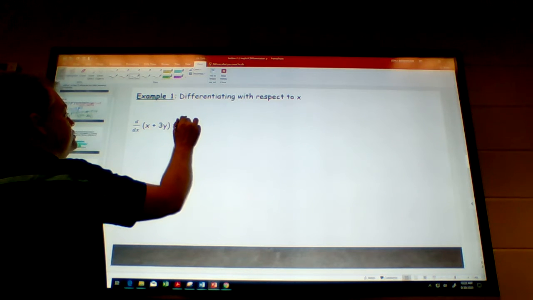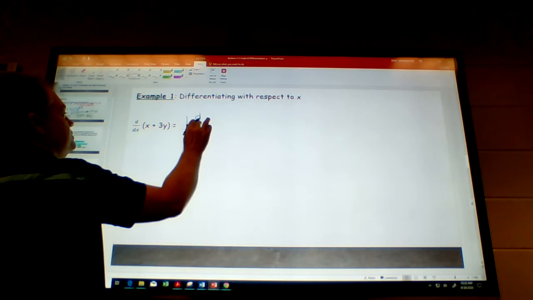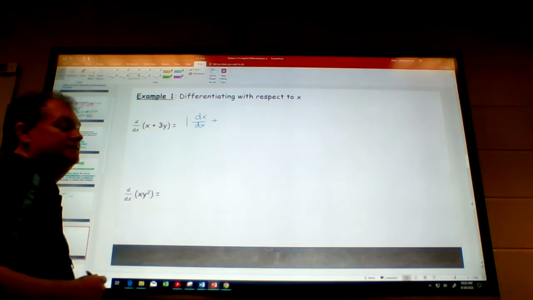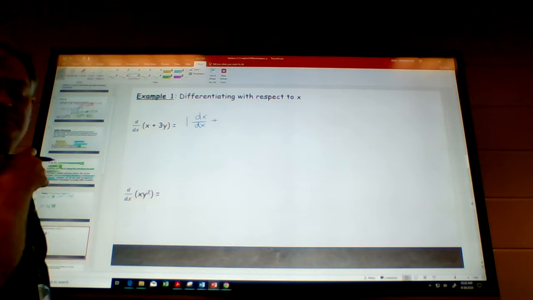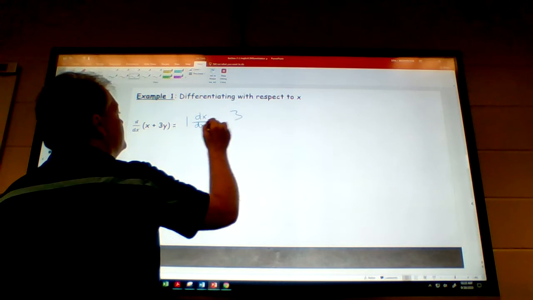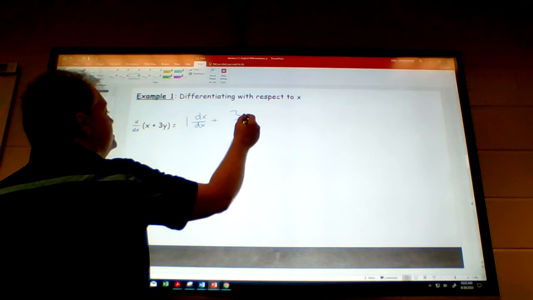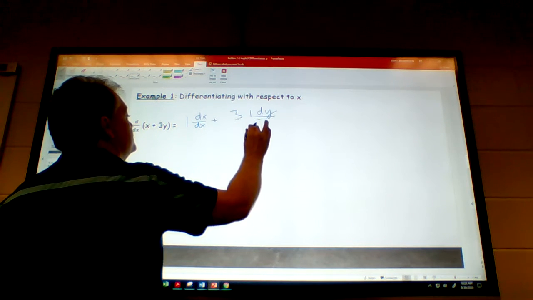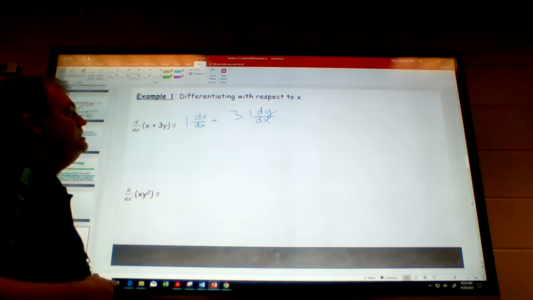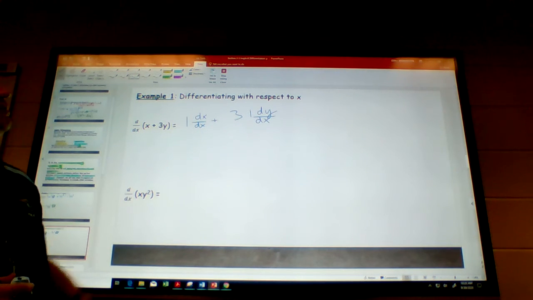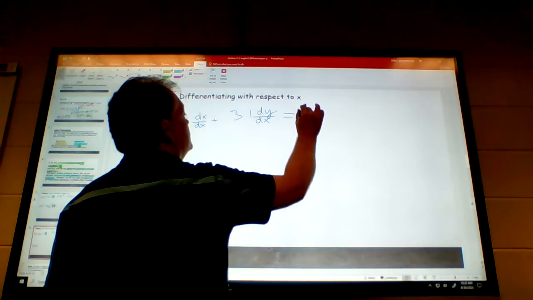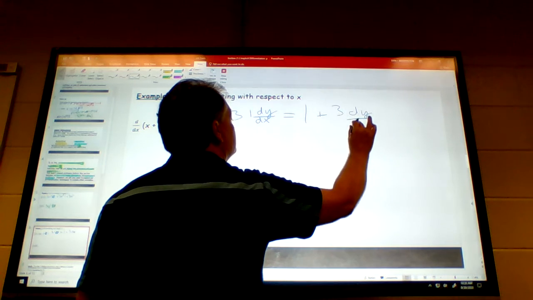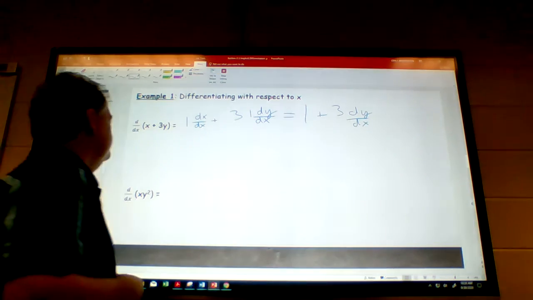The derivative of x is just 1 times the derivative of x in terms of x, plus 3 times the derivative of y, which is simply going to be 1 times the derivative of y in terms of x. So this goes away, and we're just left with 1 plus 3 dy over dx.